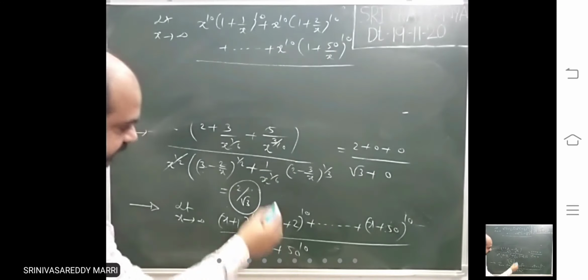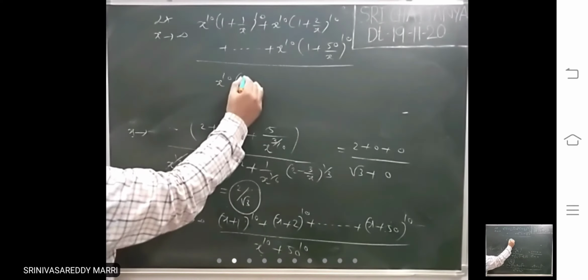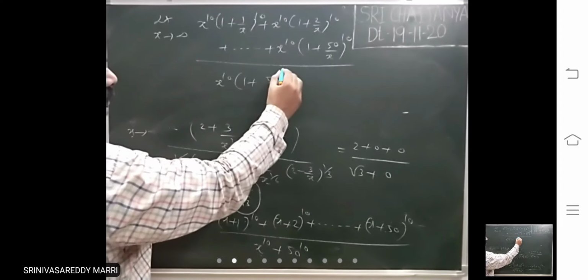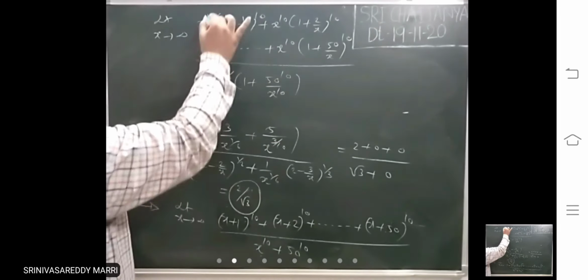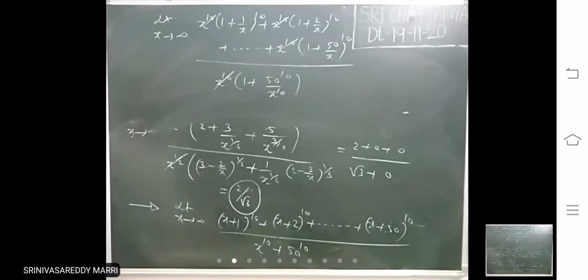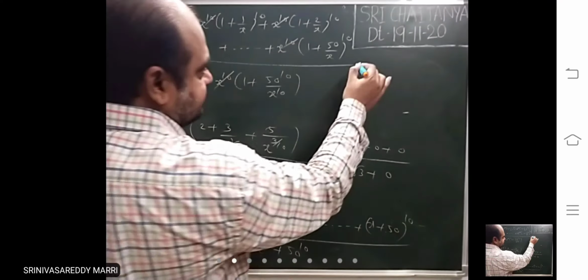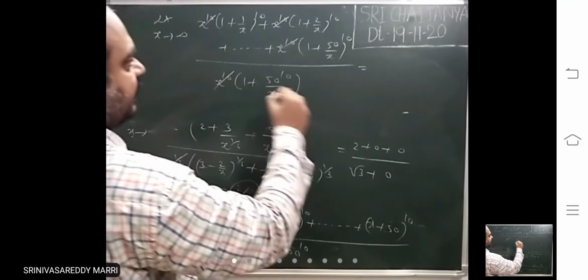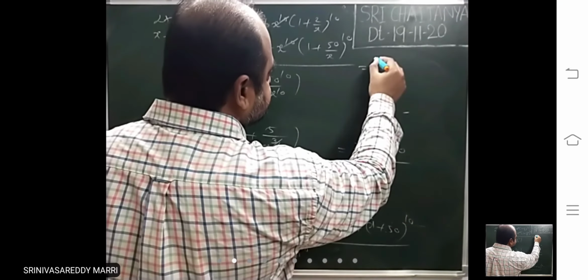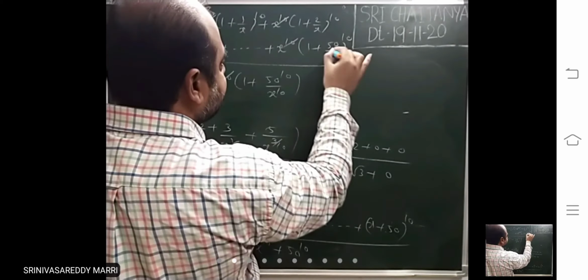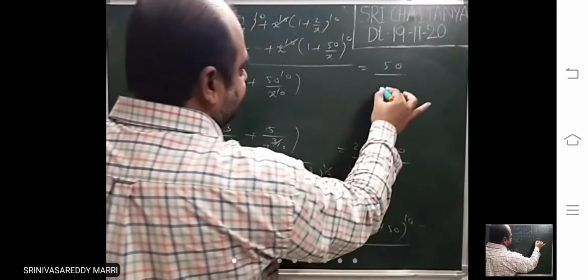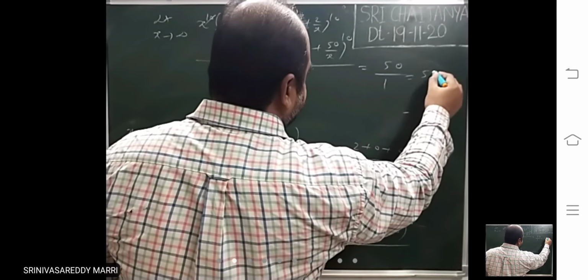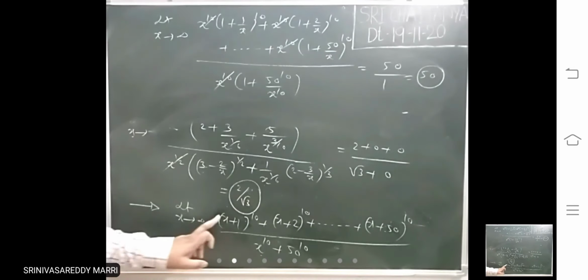Divided by, here only two terms, x power 10 common. If you take x power 10 in the numerator and it gets cancelled, you will get 1 plus 1 and so on 50 times. How many times? 50 terms are there. You will get 1 plus 1 and so on 50 times, divided by 1. That means the answer is what? 50.